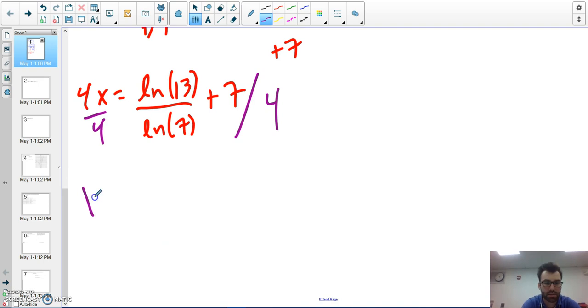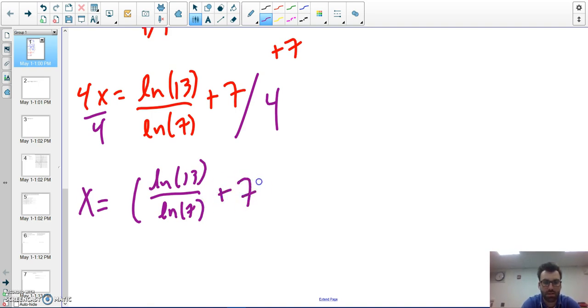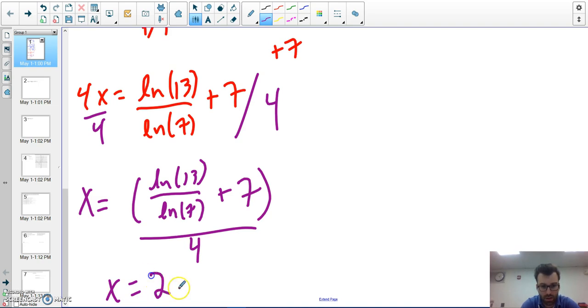So x equals, putting that top in parentheses, ln of 13 over ln of 7 plus 7, all over 4, to get x equals 2.08.